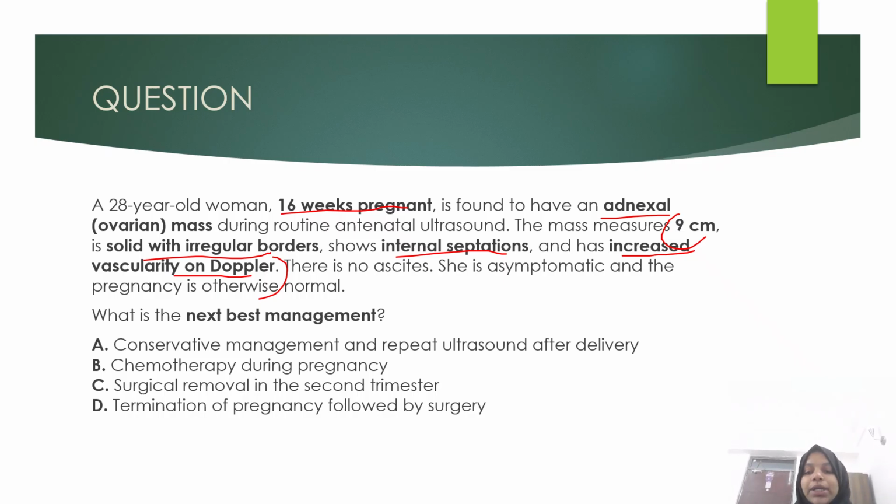So this is about an adnexal mass detected during pregnancy, and she is 16 weeks pregnant. So how do you work up and treat an ovarian mass or a cyst in the ovary which is detected during pregnancy? There can be two scenarios.